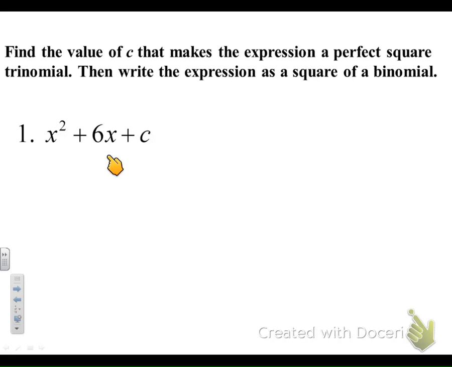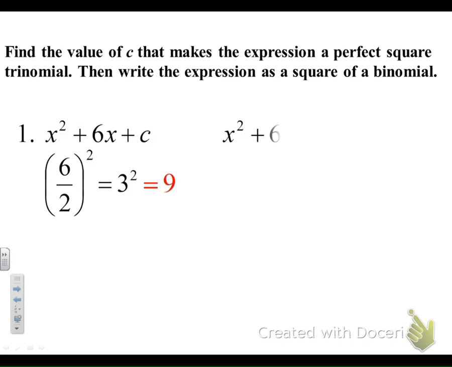In this process, I'm going to take this 6, divide it by 2, and square it. Well, 6 divided by 2 is 3, so I'll take 3 squared, and what would complete this square is a 9. So I'm going to rewrite this where I put 9 in the c position, and this actually is a perfect binomial square.